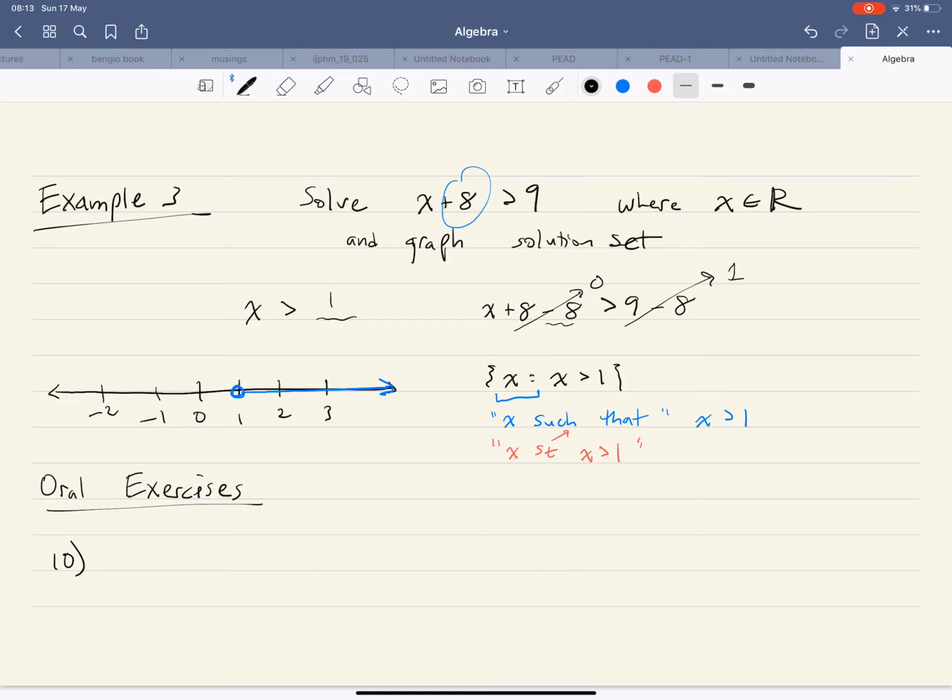So number 10 is saying, I want to solve this expression, 4x greater than x plus 8, where my domain of x is 0, 1, 2, 3, 4, 5.